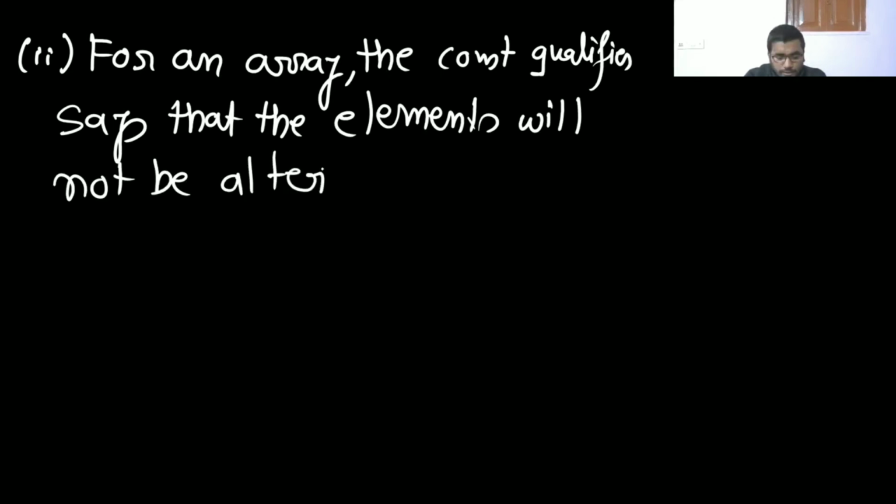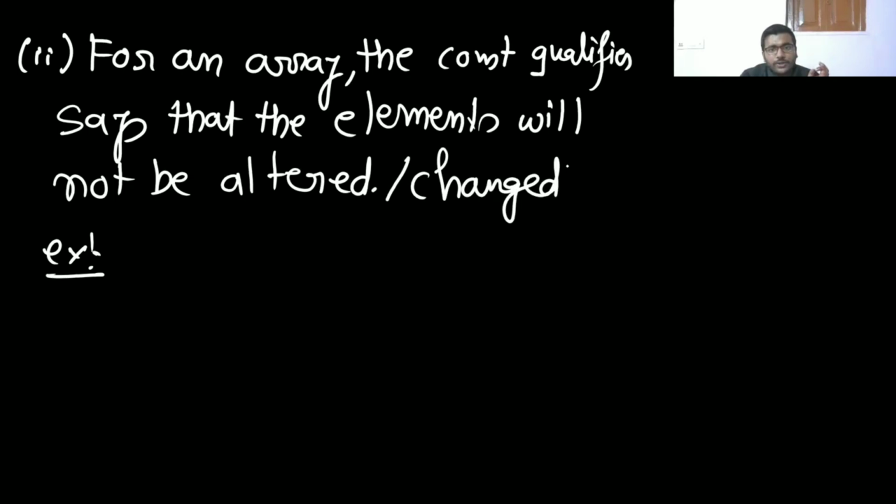Example, for an array, the constant qualifier says that the elements will not be altered. So you are not going to alter, meaning change. Altered means changed. Okay, so you are not going to change its value.